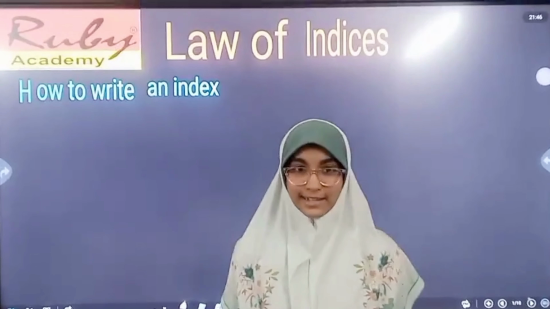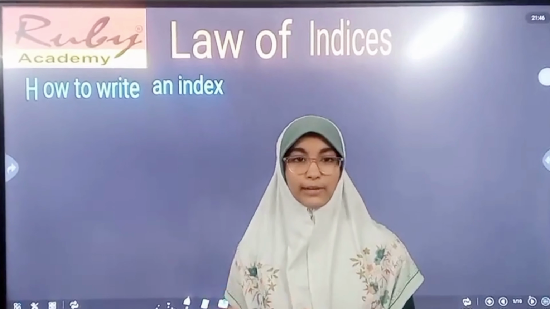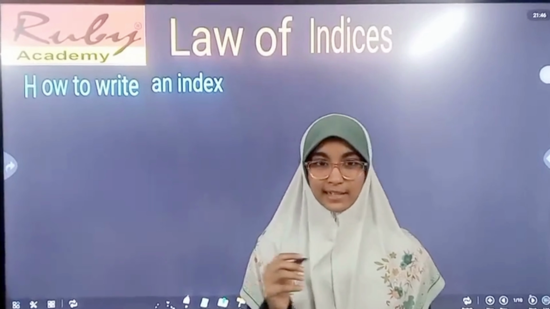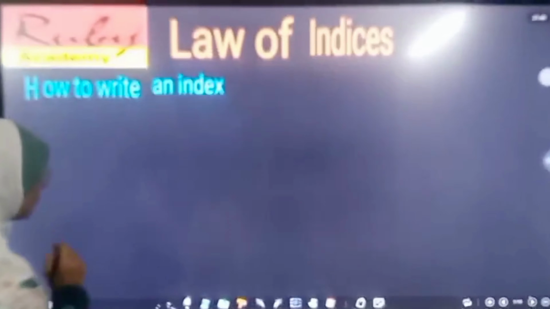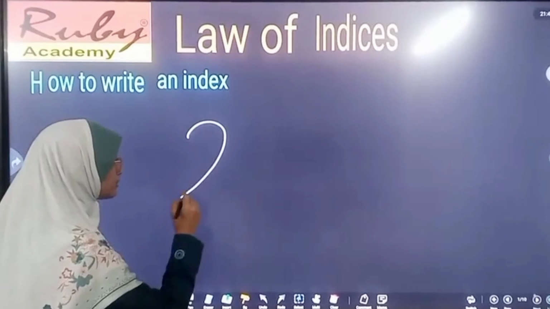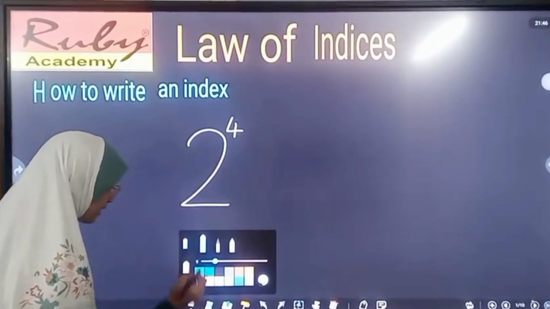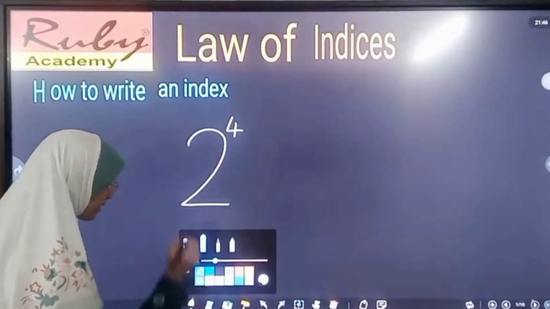First, let's understand how to write an index. Index is the singular of indices, while indices is the plural. Now, let's learn how to write the index. Take 2 to the power of 4. Here the number 2 is the base, and the number above the base, which is 4, is called the power.